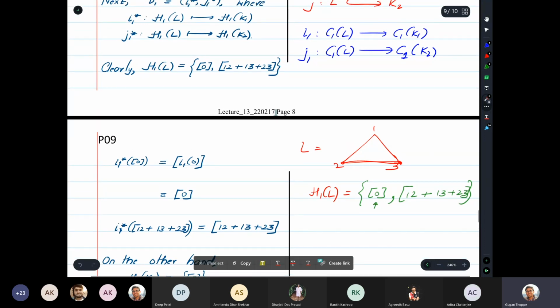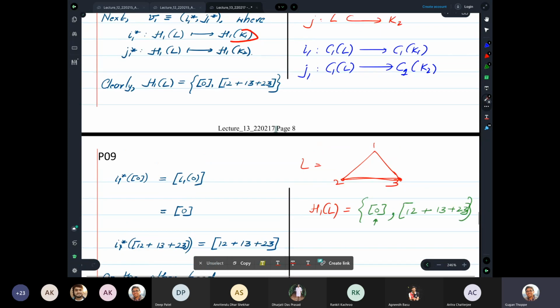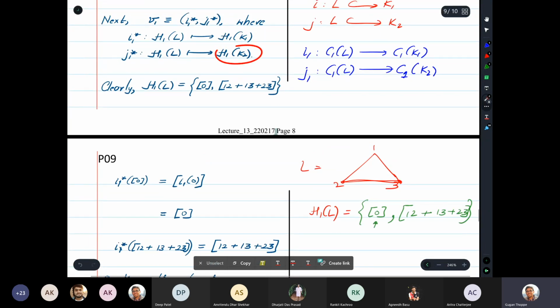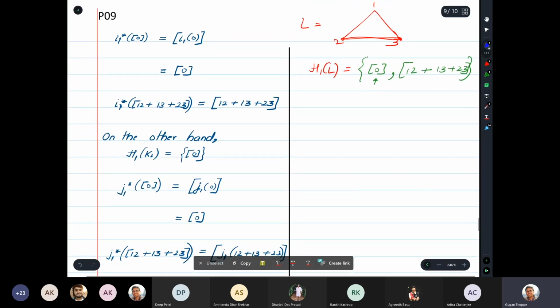Now let me write down what is H1 of K1 and H1 of K2, right? So H1 of K2, okay, that is easy to write. First let's write down what is K2. So K2 is made up of this simplicial complex. It has these three vertices, three edges, and this filled triangle. So clearly it has no cycle in here, right?